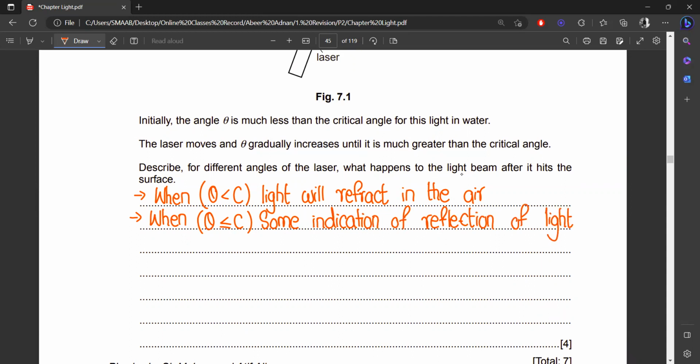And the third, when the angle is equal to the critical angle, light will refract at 90 degrees. And the last point, the angle is greater than the critical angle. So what will happen?